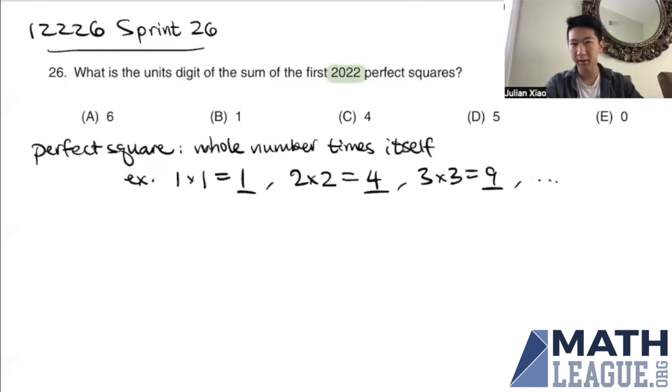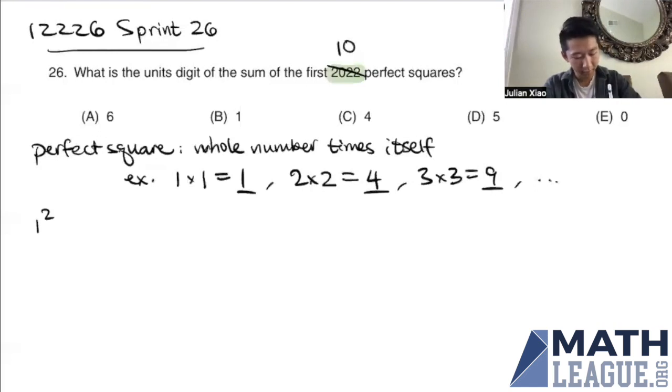The first step I like to do whenever I see a problem this massive is to start smaller. Let's just do the first 10, and then we'll see if we can find a pattern later.